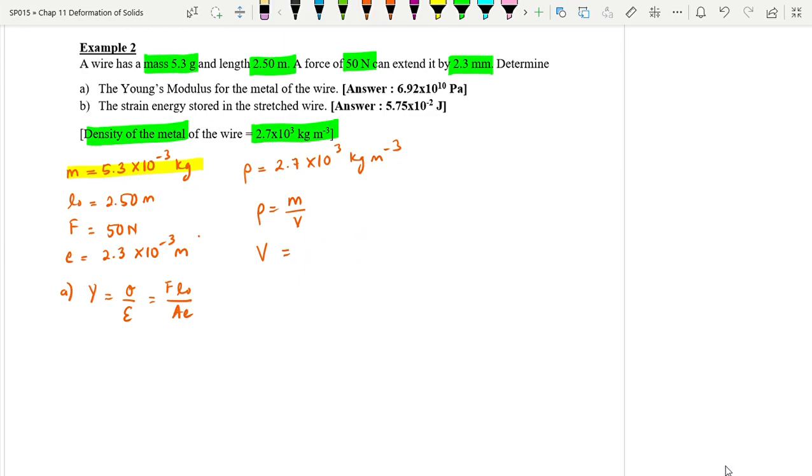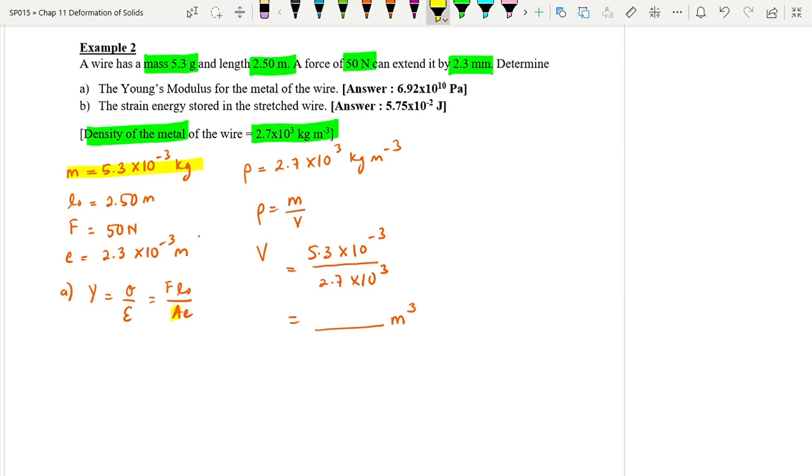So, mass divided by density lah. Okay, so kita dapatkan dulu volume. Then unit should be meter cube. So, bila kita dapat volume, boleh tak kita cari A? Yes, boleh. Okay, kita boleh cari A.